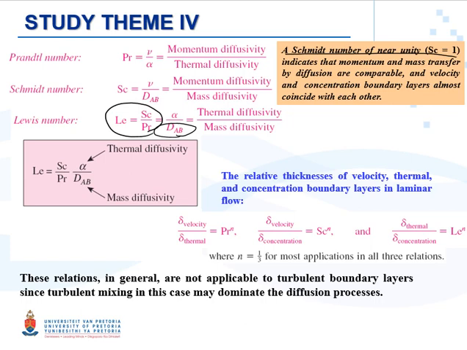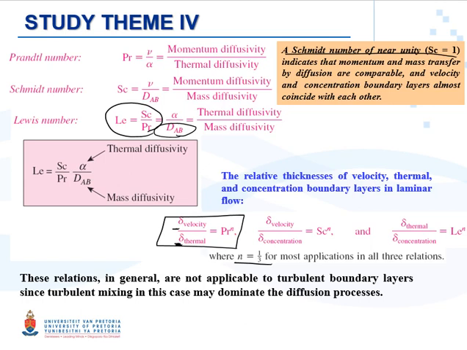Here we also need to talk about the relative thickness of the velocity, thermal and concentration boundary layers in laminar flow. I'm sure you are familiar with this one: the relative thickness of the velocity boundary layer divided by the thermal boundary layer was equal to Prandtl to the power of n, and for most applications n was equal to 0.3334.